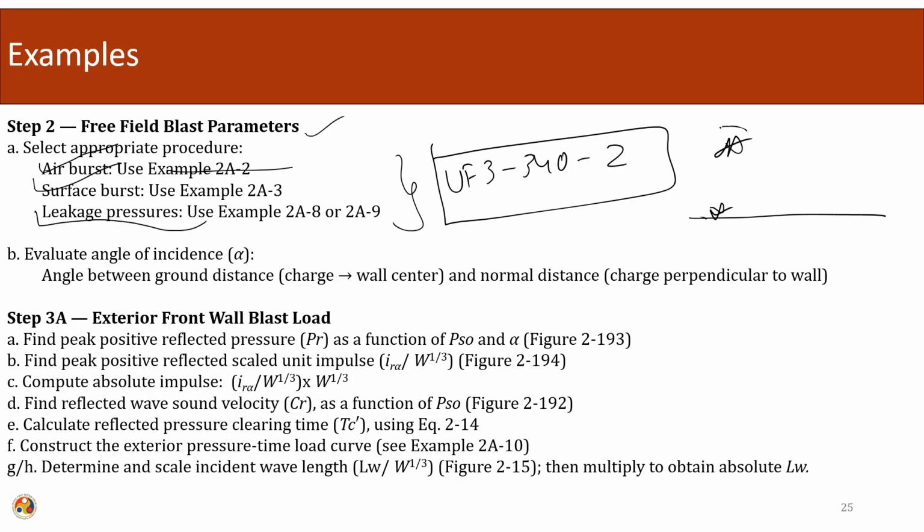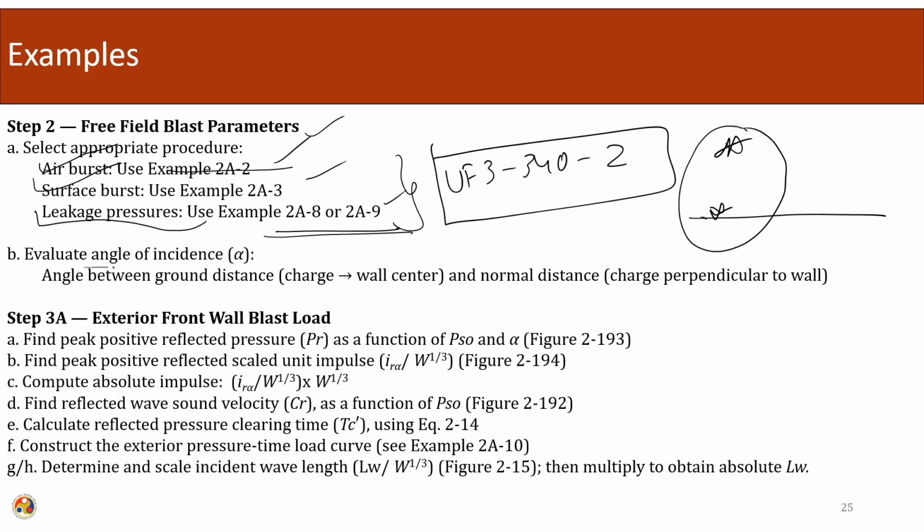So, first we determine the equivalent amount of TNT, then we categorize the burst, and using appropriate examples or appropriate graphs from UFC 3-40, we calculate the free air blast parameters.